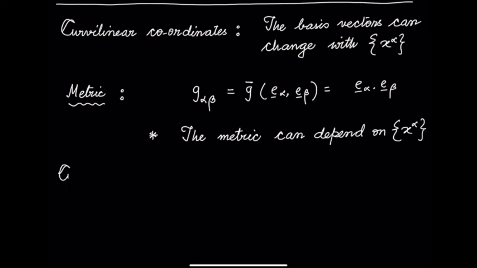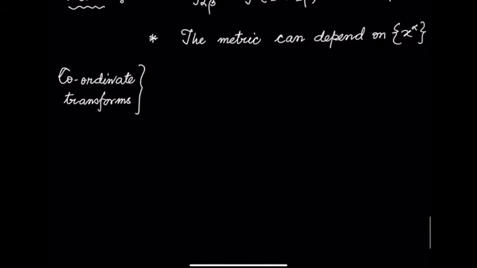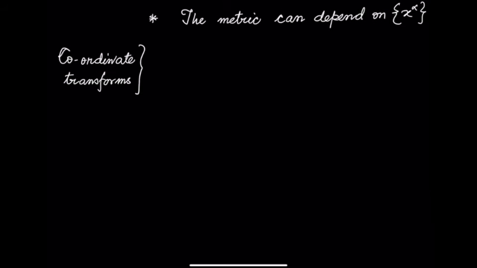What about the coordinate transformations? For the coordinate transformation, again, the transformation rules can change at different places in the coordinate system. So let us write this for vectors and one forms.